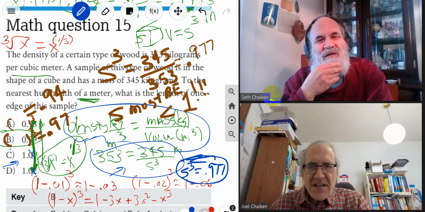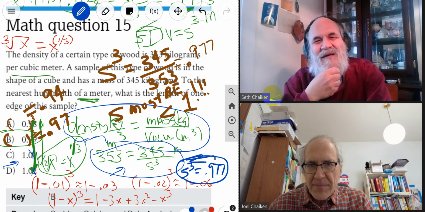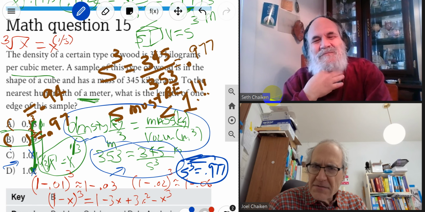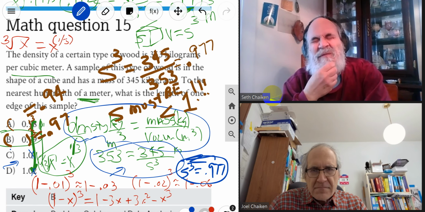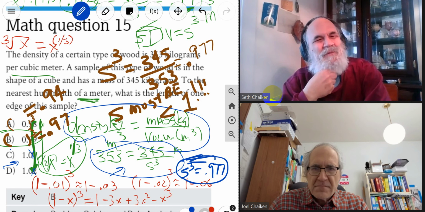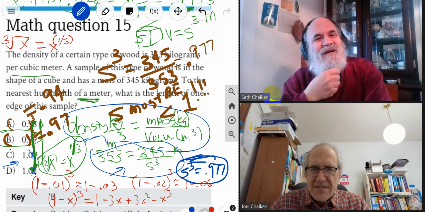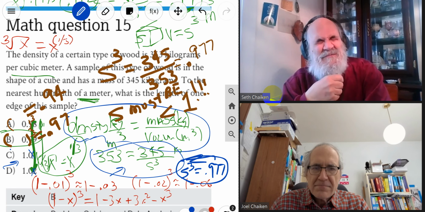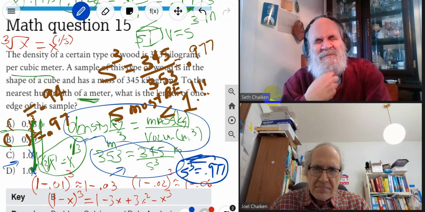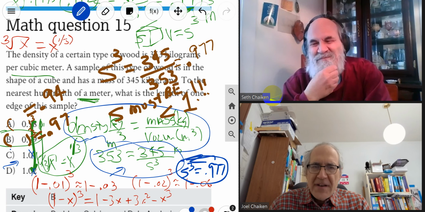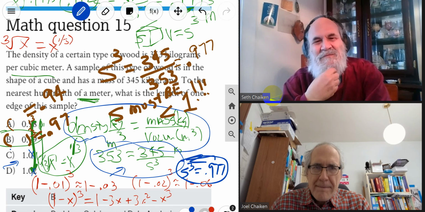Right. Then you have to take the cube root of that, because what is it that you take the cube root of? The 0.977. Now 0.977 is 1 minus what? 1 minus 0.03.